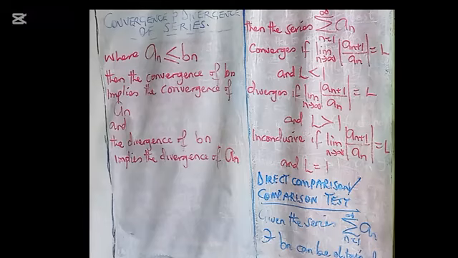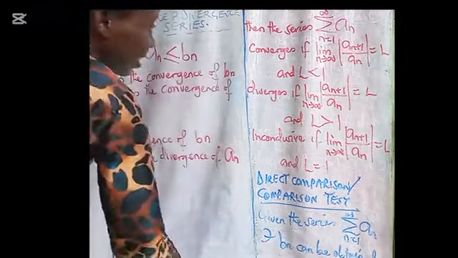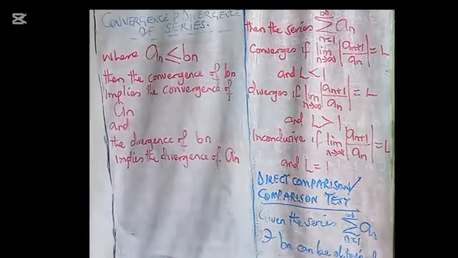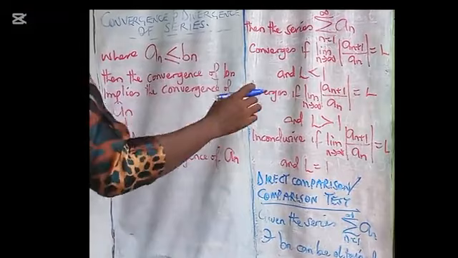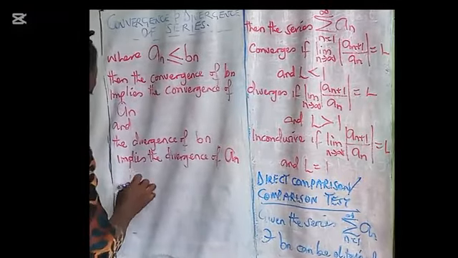We also have the limit comparison test. The limit comparison test is similar to the ratio test which we just talked about, but it makes use of two series. Let's look at it.